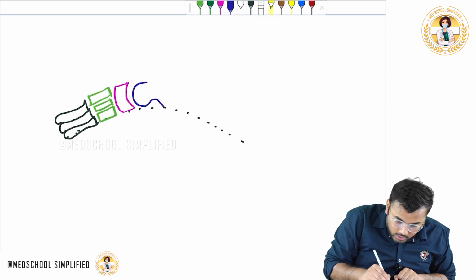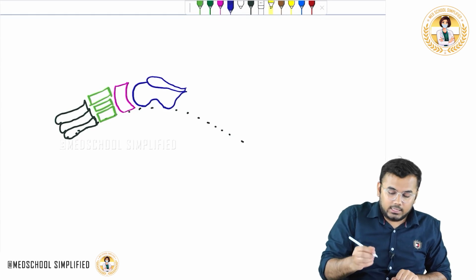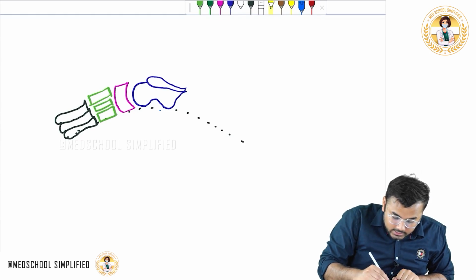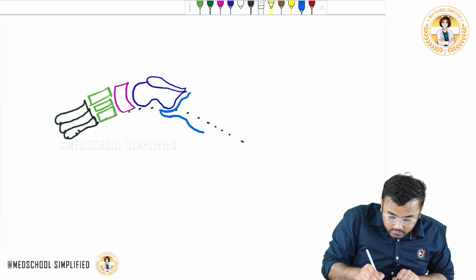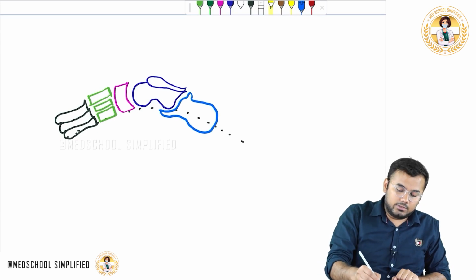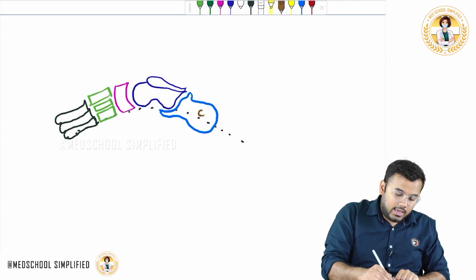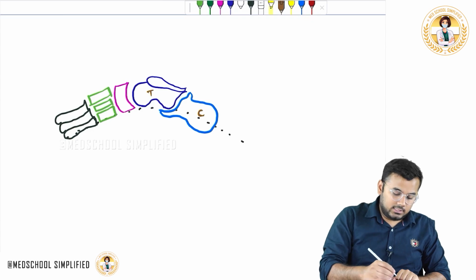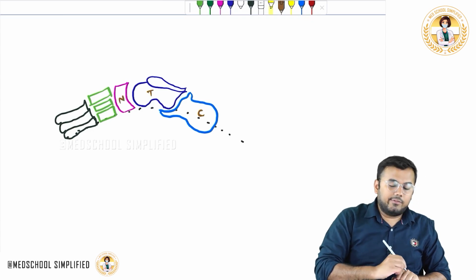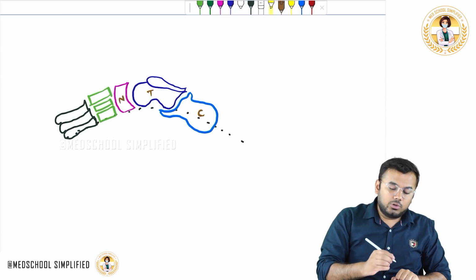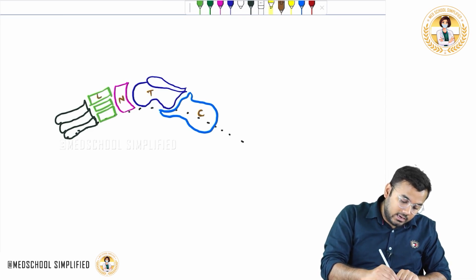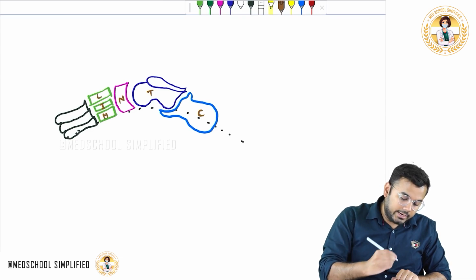And after that we have got another bone here. This is called your talus. Now after the talus, whatever bone you have here is your calcaneus. Look here now, C stands for calcaneus, T stands for talus, and N stands for navicular bone, and within these cuneiform bones we have got lateral, medial, and intermediate.